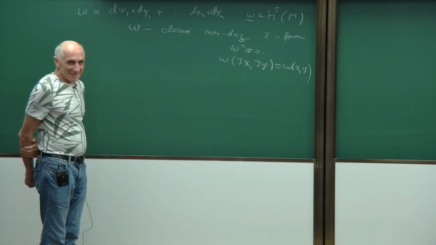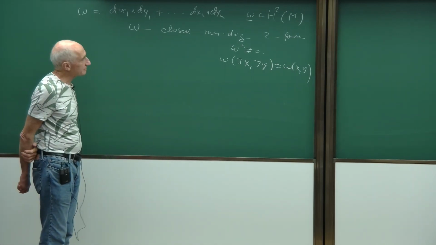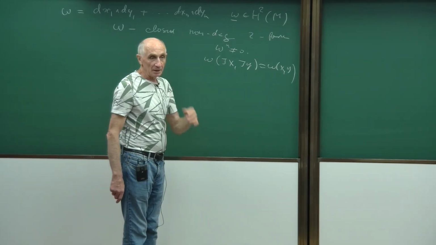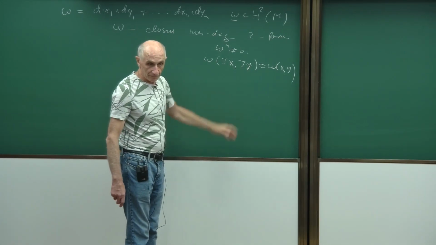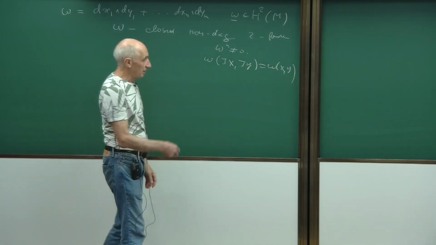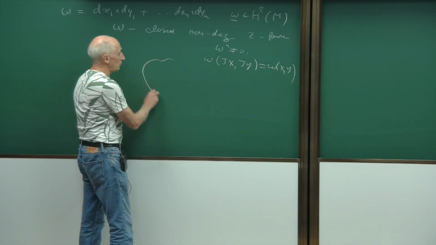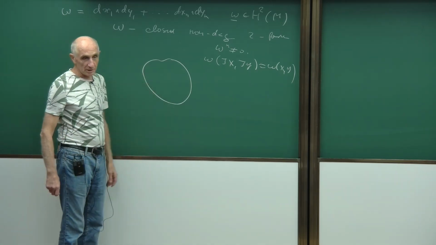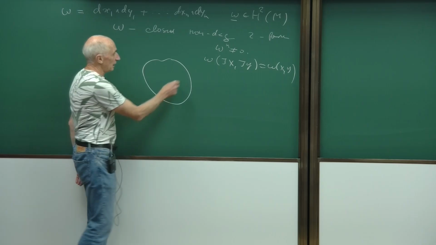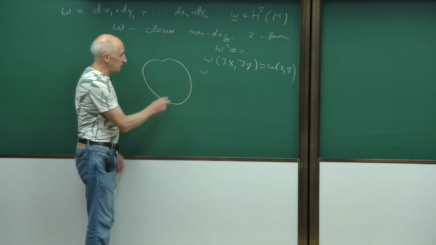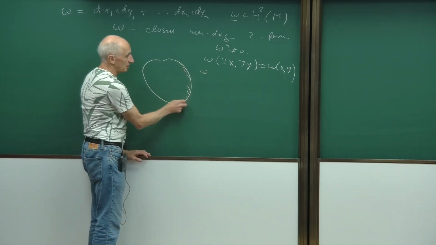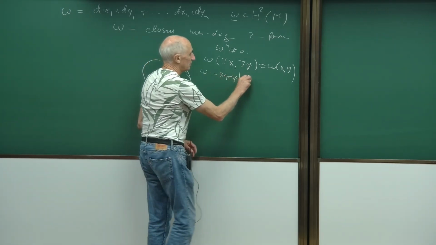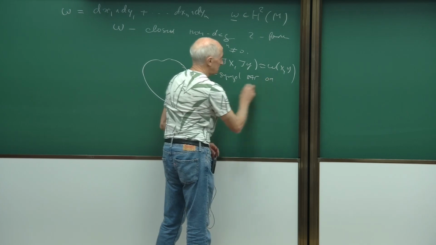Now this question has a relative version as well. Suppose you have a manifold with boundary, or even just a ball. I start with a ball, and you have a symplectic structure given just on some neighborhood.